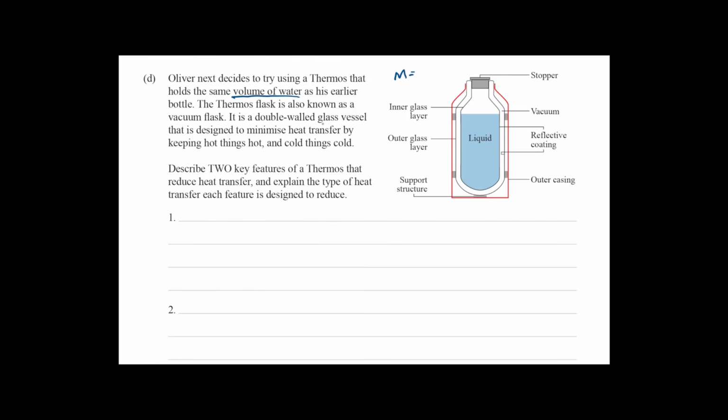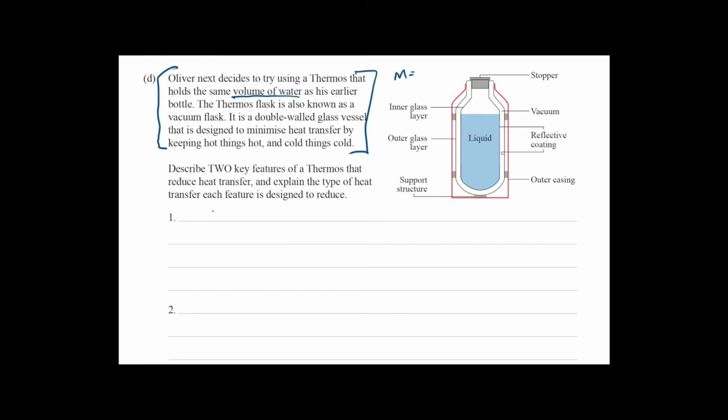Good. The double-sided glass vessel that is designed to minimize heat transfer by keeping hot things hot and cold things cold. In case you did not know how a thermos flask works, describe 2 features of the thermos that reduce heat transfer. I'm going to actually do 3.